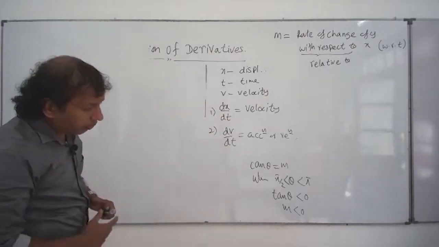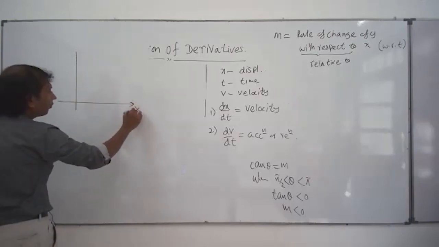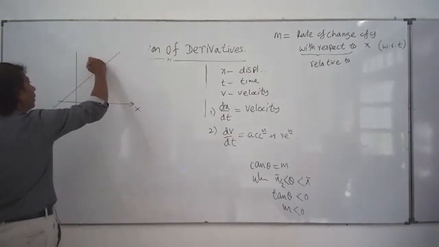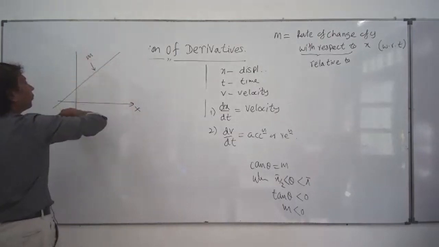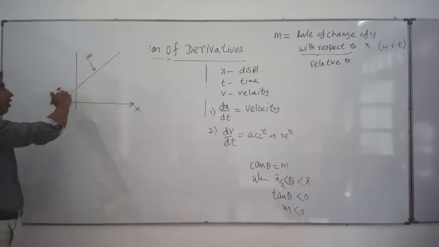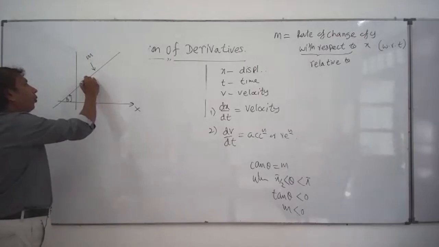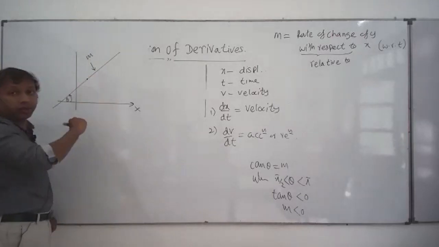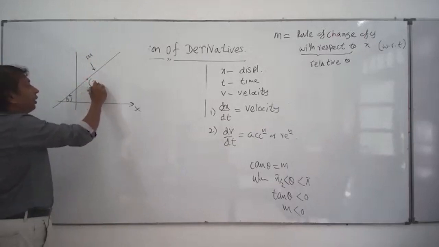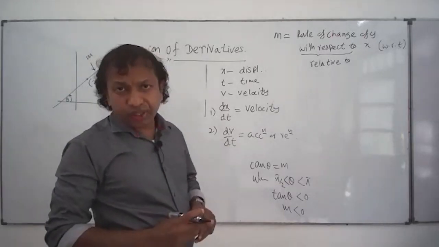That part is this. Now suppose we have a straight line like this. Its gradient is given, that means the tan value of this angle is given. And also we know a point on the line with coordinates, suppose x0, y0. x0 is a real number, y0 also a real number.